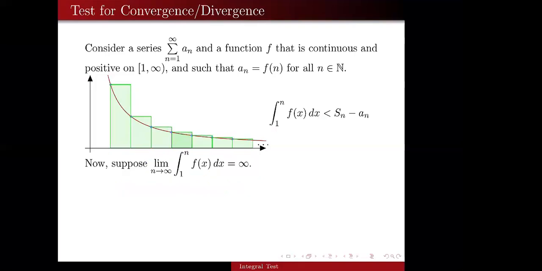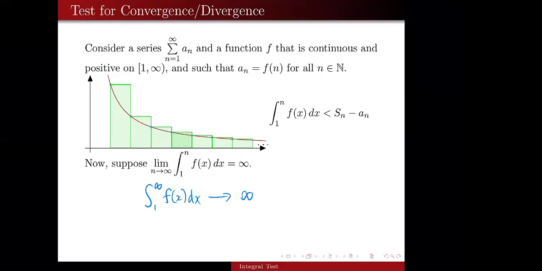Now, suppose the improper integral from 1 up to plus infinity of f of x dx is plus infinity. What does this mean?